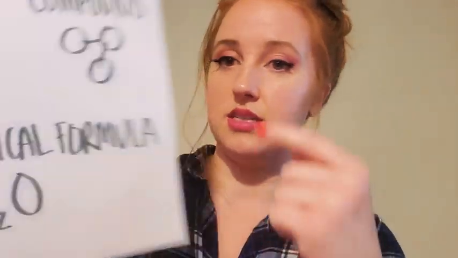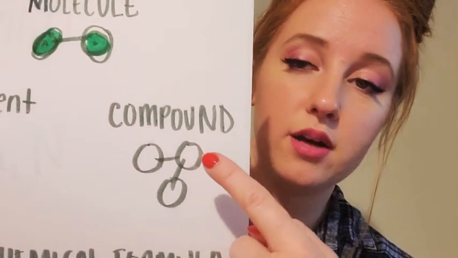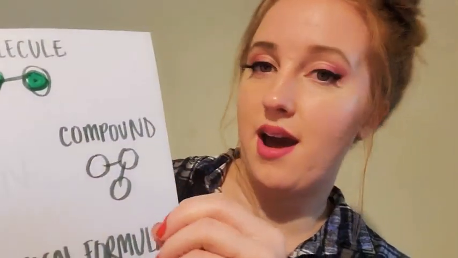The other type of molecule that I want you to know about is a compound. Compounds happen when you have two or more atoms of two or more different kinds of elements. So one that you guys know about is H2O.